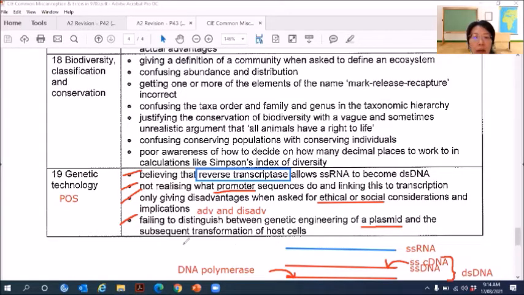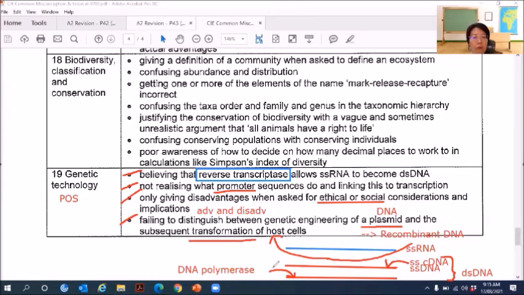And the subsequent transformation of whole cells means after you add your piece of DNA to the plasmid, you form the recombinant DNA. And you want to insert this recombinant DNA into the whole cell. So this process is called transformation.